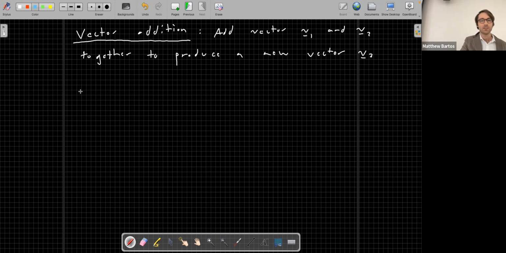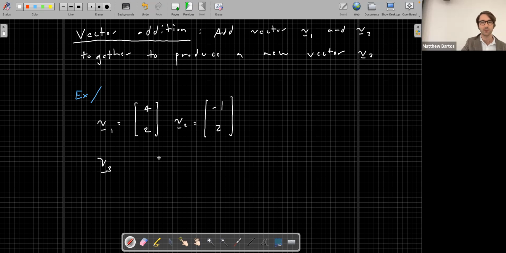For example, v1 is equal to (4, 2) as before, and v2 is equal to (-1, 2). And so v3 is equal to v1 plus v2, which is (4, 2) plus (-1, 2), equal to (3, 4), right?